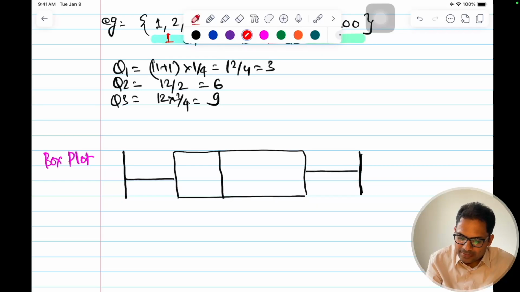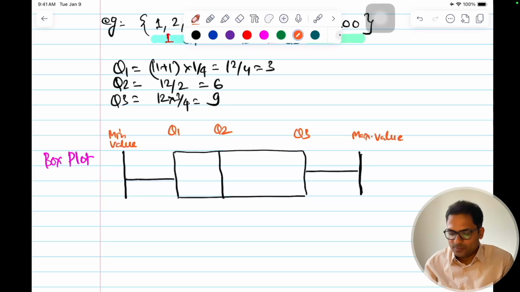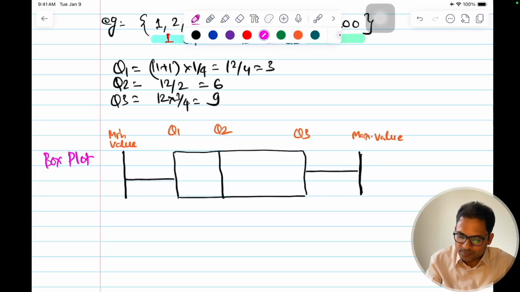Okay, so let me label everything. This is the minimum value, the starting point. This is your Q1, this is your Q2, this is your Q3, and this is your max value. Q2 is also your median, so this will tell you where your median lies.